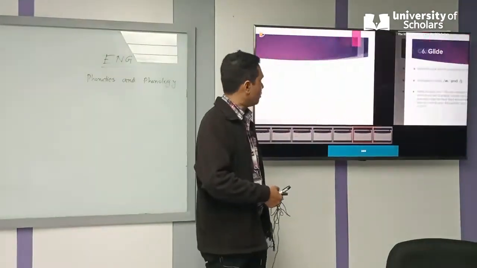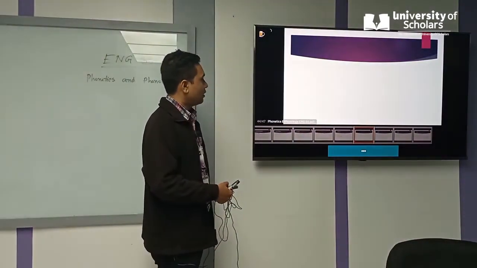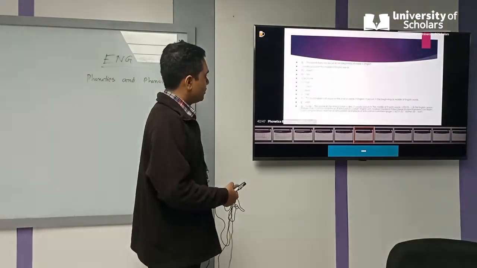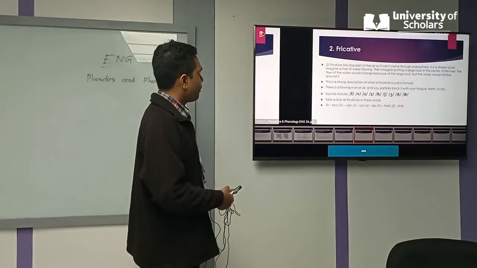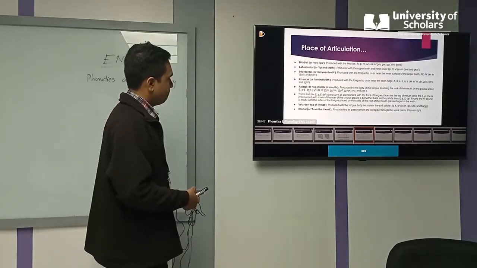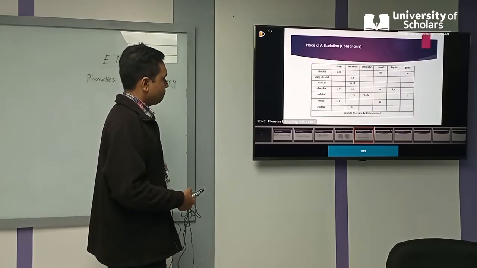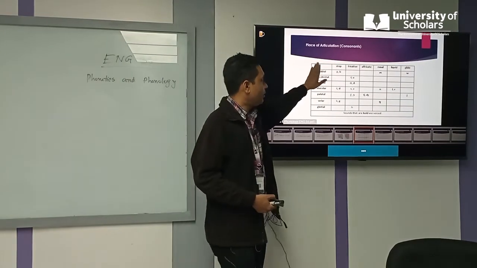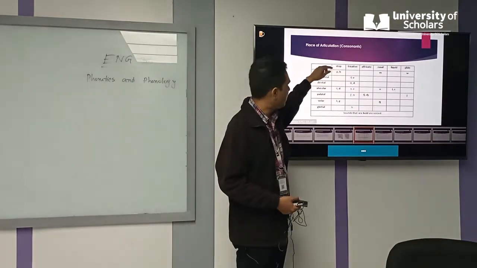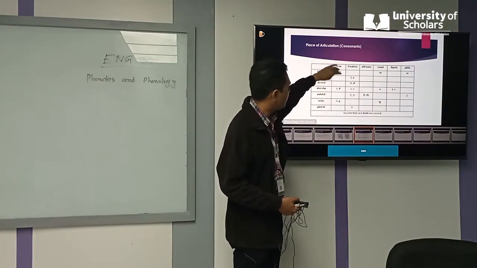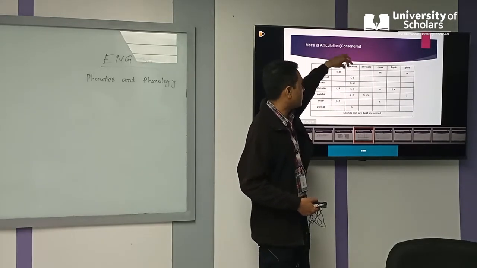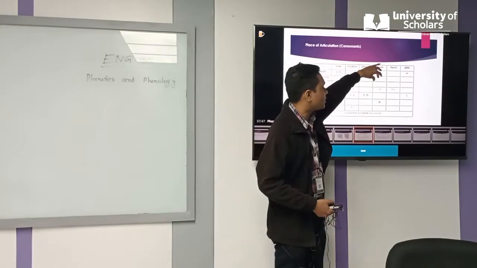So, by this time, let's go back to the chart. Can we see those things, whichever we have covered here? Okay. So, already you know that the first one was, just to remind you, stop. And these were the examples of stop. So, now you need to look at this row, column wise, right? These are the manners of articulation.